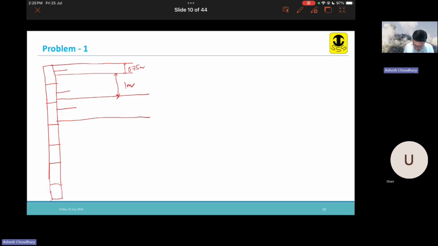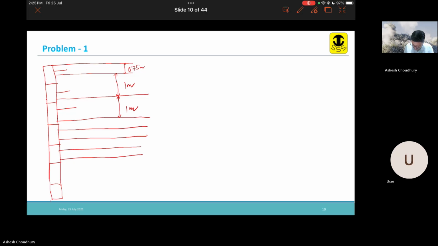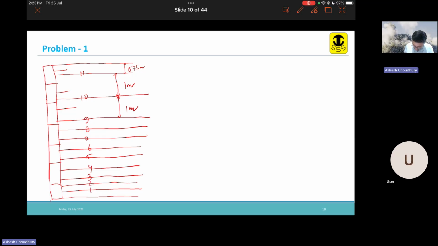At the top you keep 1 meter spacing, and from the bottom you count the blocks: 11, 10, 9, 8, 7, 6, 5, 4, 3, 2, 1.